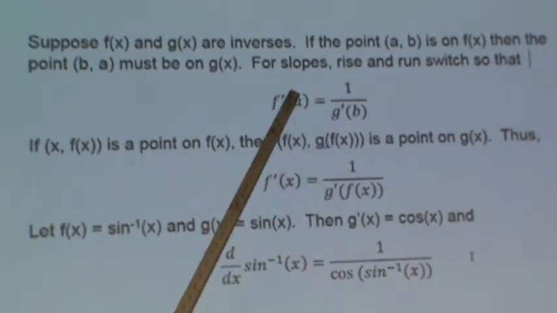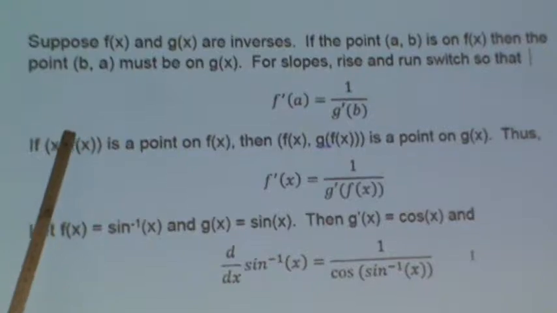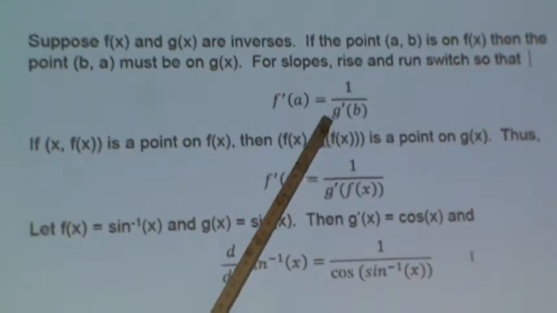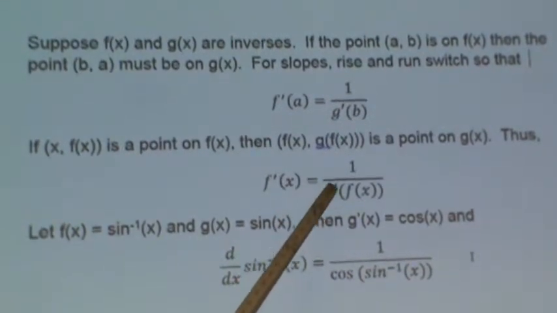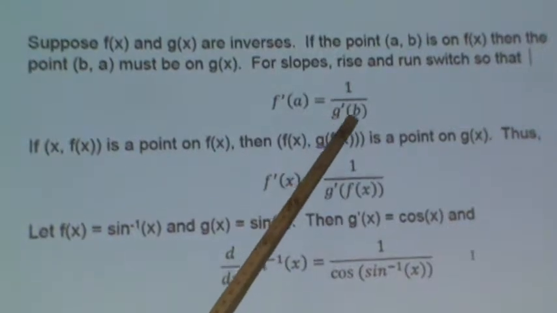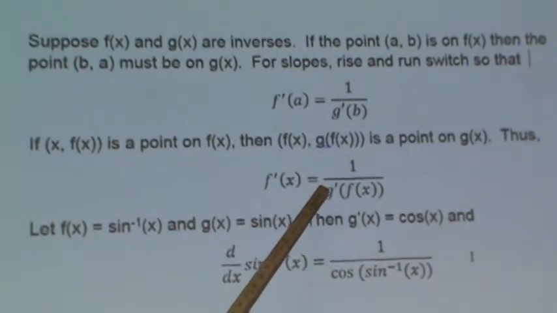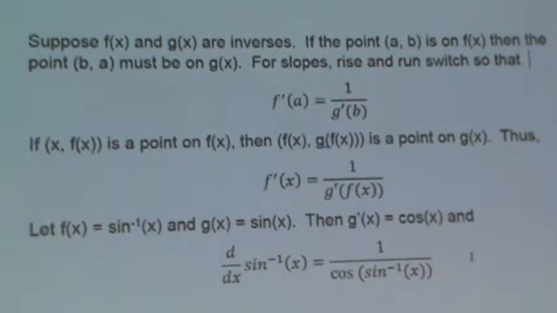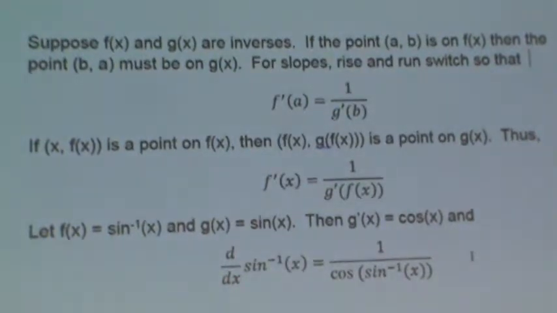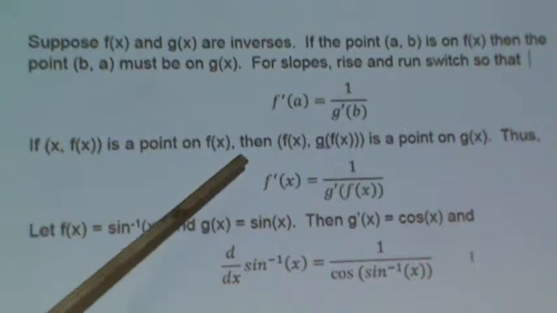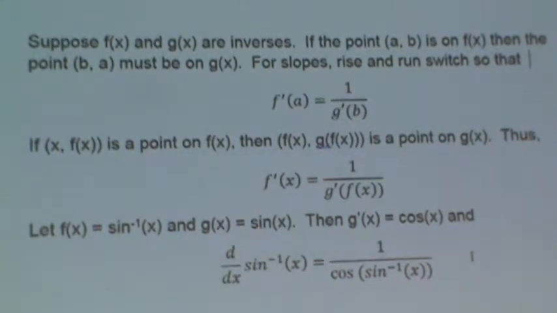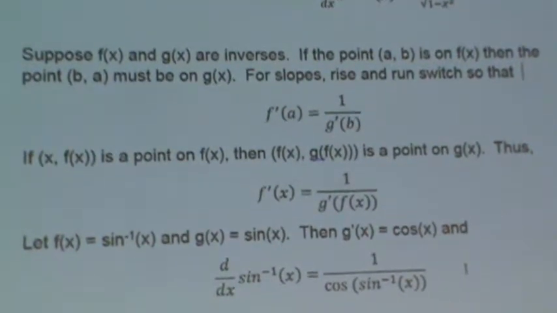And so instead of f prime of a, I'm going to have f prime of x, and instead of g prime of b, I'm going to have g prime of f of x. And so this ends up being the general relationship between the derivatives of a function and its inverse: f prime of x equals 1 over g prime of f of x.